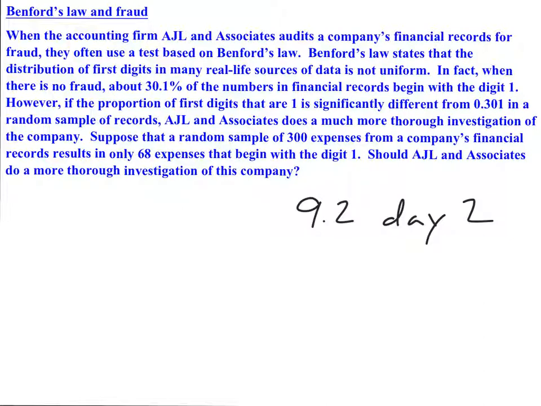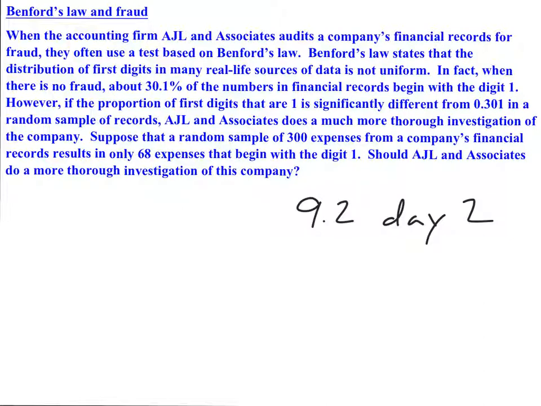Benford's law is interesting. Feel free to look it up a little bit. It's well known enough that you just Google it, it'll come up. It's not just limited to economics, there are all kinds of numerical patterns that show up in the world around us. But one of them is an economic one: if you're looking at a company's expenses, all leading digits don't show up equally.